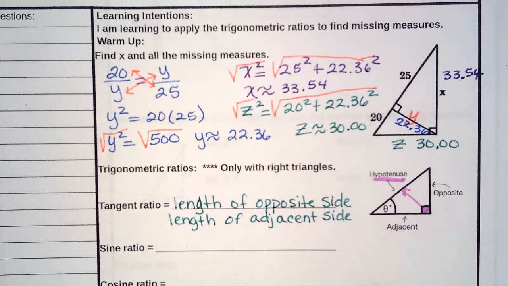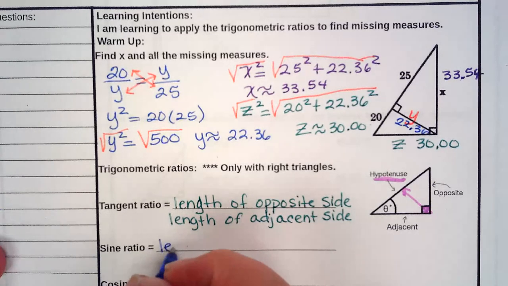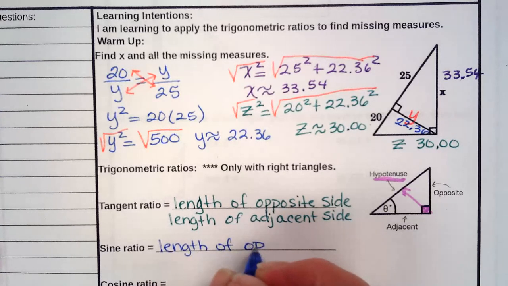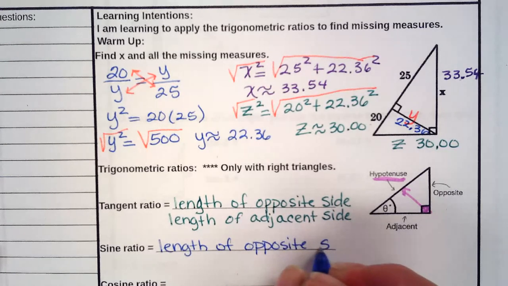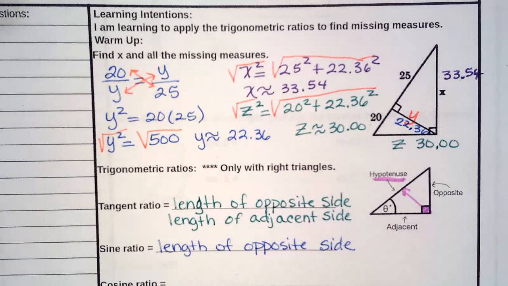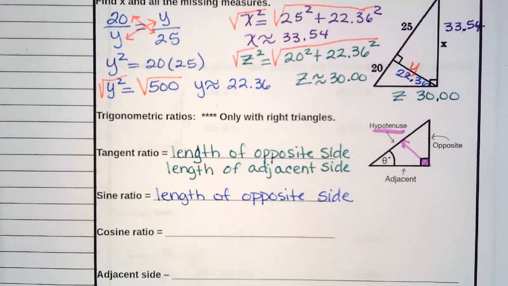Your sine ratio. Once again, you're going to use the opposite side. So it's the length of the opposite side. This time, instead of the adjacent side, we're going to use the length of the hypotenuse.